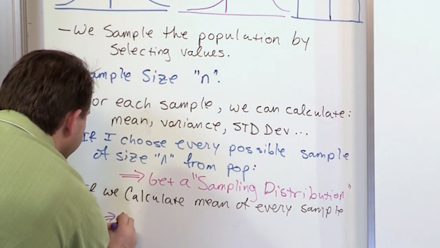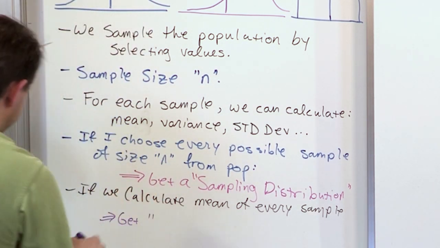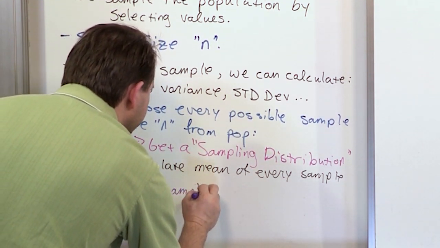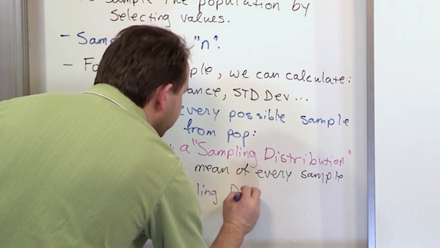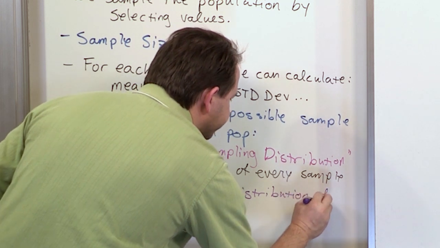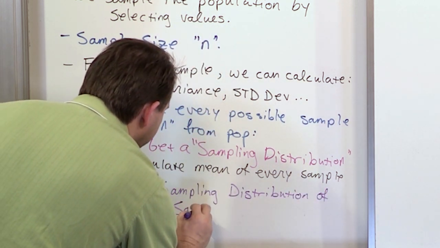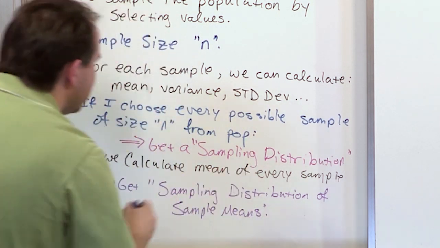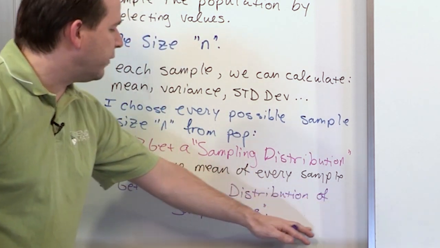What we get is the following: a sampling distribution of sample means. Don't overlook how important these words are here.